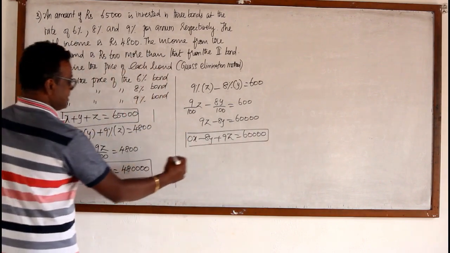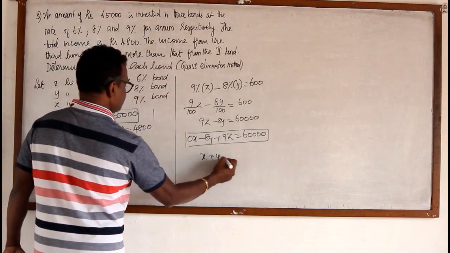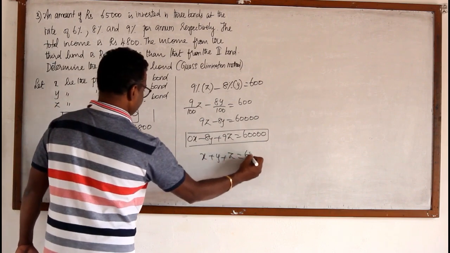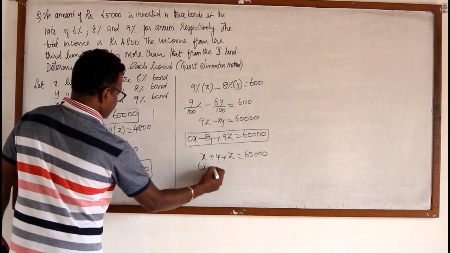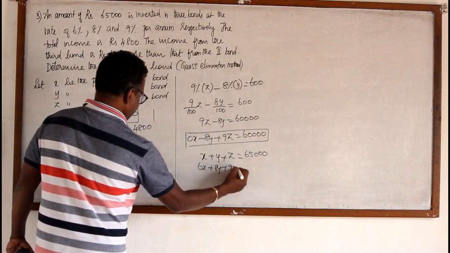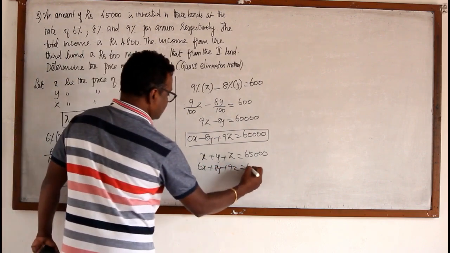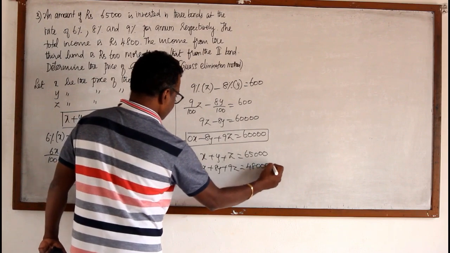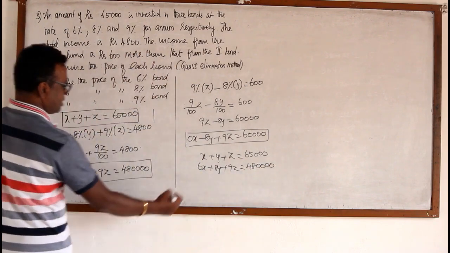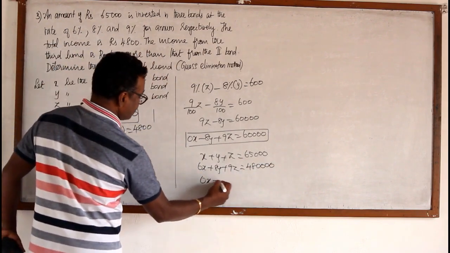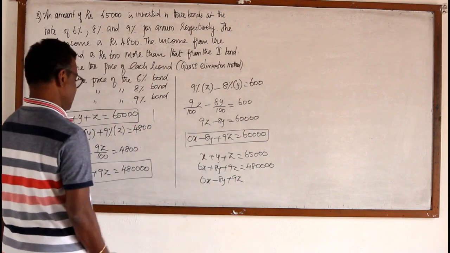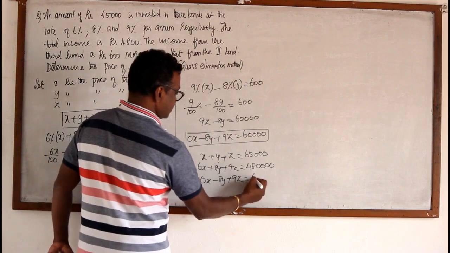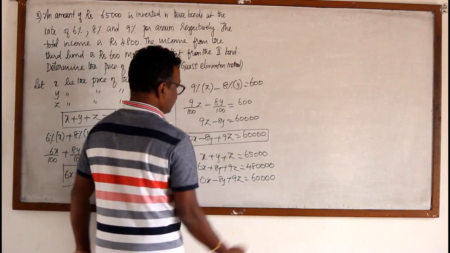Now, shall we write these equations once again? X plus y plus z equal to 65,000. 6x plus 8y plus 9z equal to 4,80,000. 0x minus 8y plus 9z equal to 60,000.